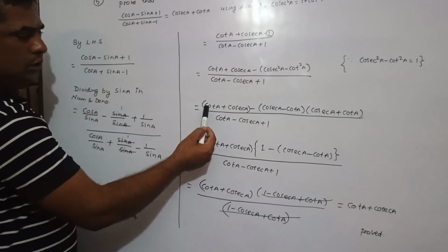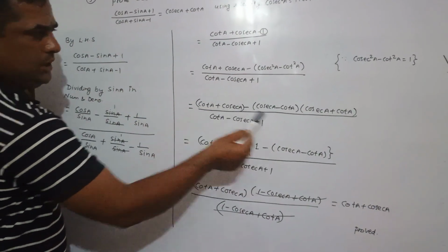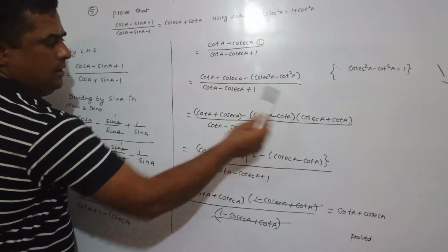Students, what is common in these two terms? This is your first term, this is your second term. So cot A plus cosec A is common in both the terms.